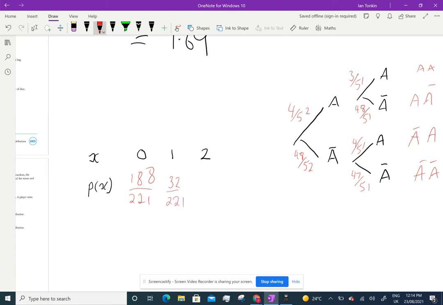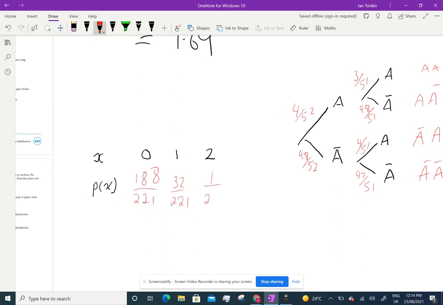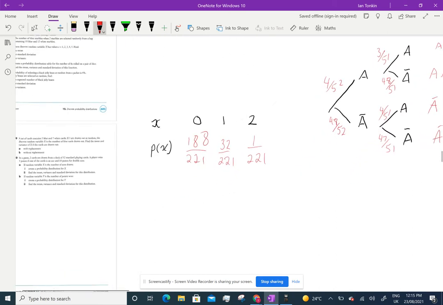And the last one, 2 aces, well, that was 1 on 221. Now, for this to be a probability distribution table, all those probabilities should add up to 221 on 221 or 1. And if I add those up quickly, yes, they do add up to 1, so I'm all right.